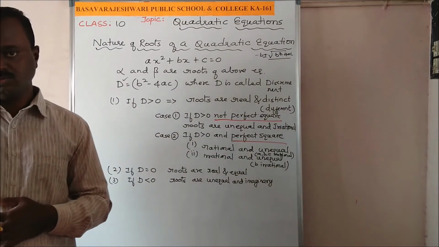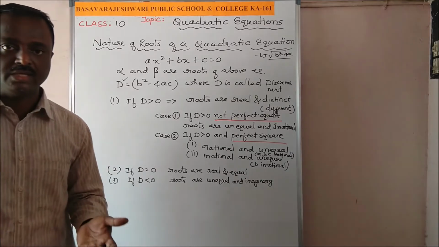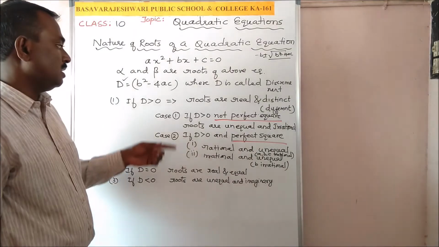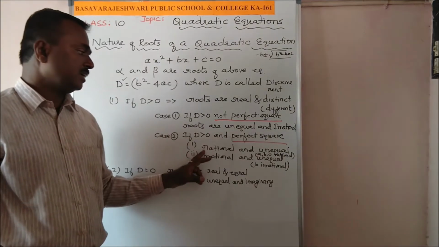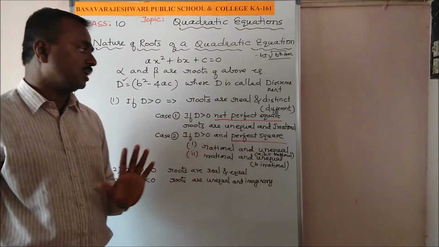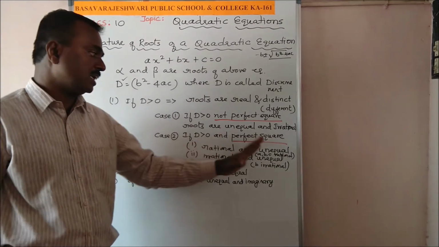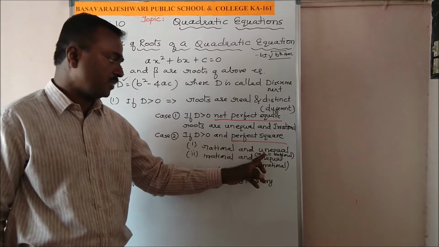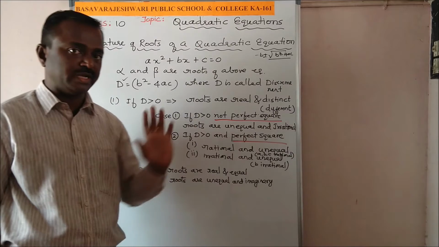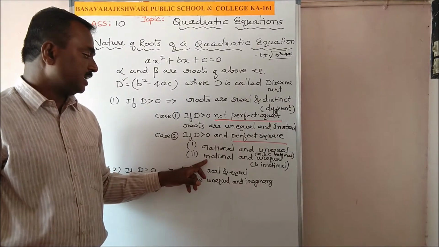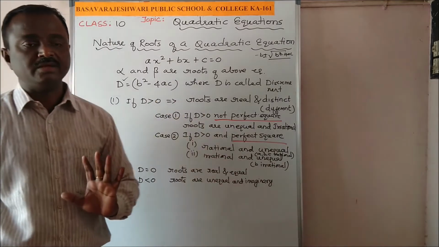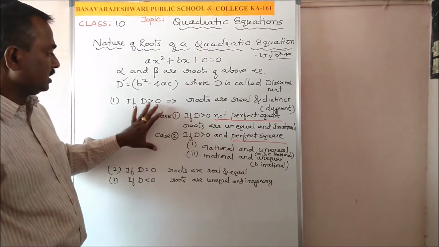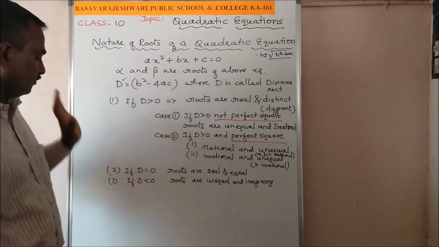For example, root 2, root 3, root 5, etc. This is case 1. Suppose if you got a perfect square, then it is rational and unequal. Then what is the condition that should be satisfied? a, b, c should be rational. Second case, irrational and unequal if the coefficients are irrational numbers. So you have to remember this point very carefully.